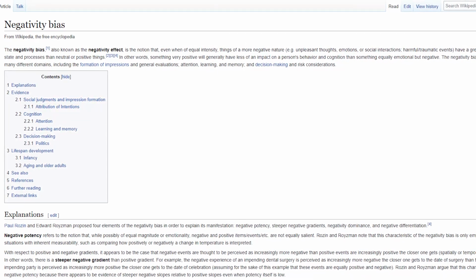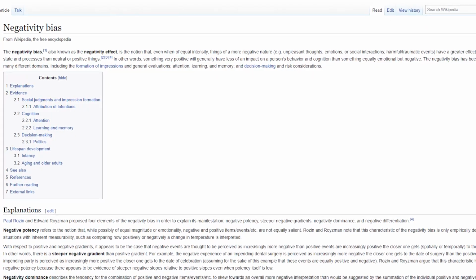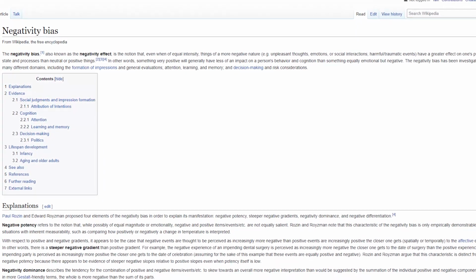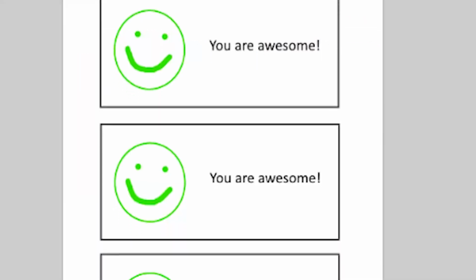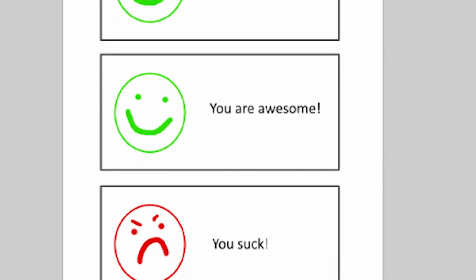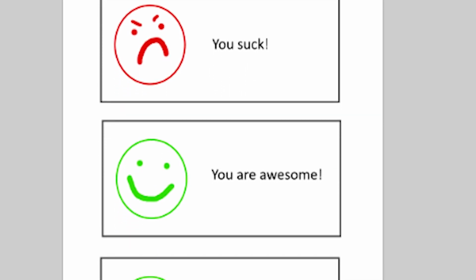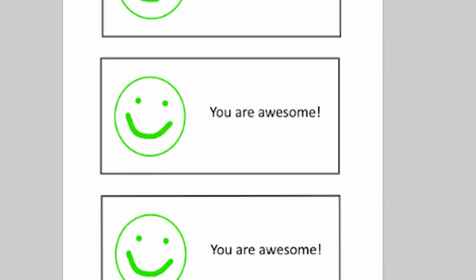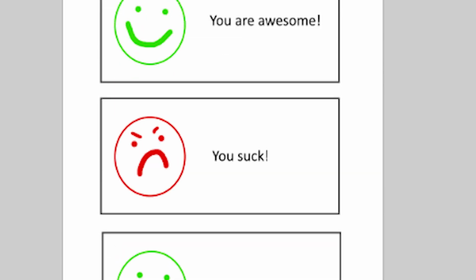Basically, it's the human tendency to register negative things with more intensity than positive things. In practice, this could mean that you can read 9 positive comments about you without much effect at all, but then when you read one negative comment of equal value, you will dwell on it and it will ruin your whole day. It's not always necessarily so dramatic, but you get the point.